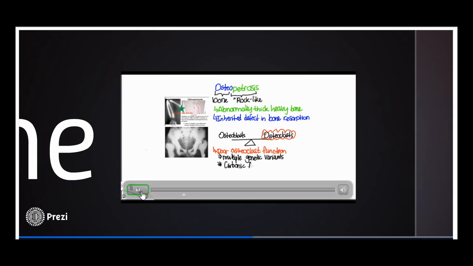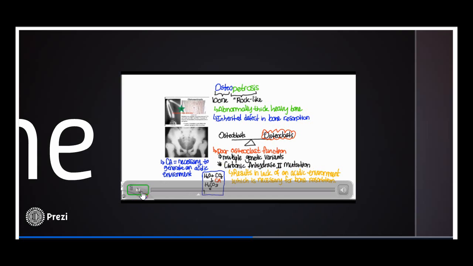Most important is the carbonic anhydrase 2 mutation, which results in a lack of the acidic environment that's required for bone resorption. An acidic environment is necessary in order to remove calcium to resorb bone. Now, in order to generate an acidic environment, the enzyme carbonic anhydrase is necessary. Carbonic anhydrase combines water and CO2 to make H2CO3.